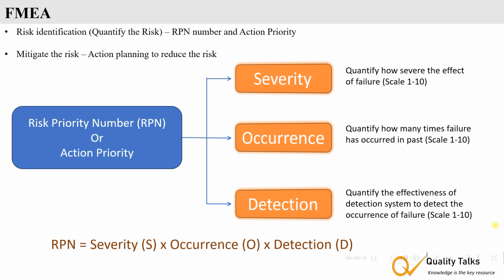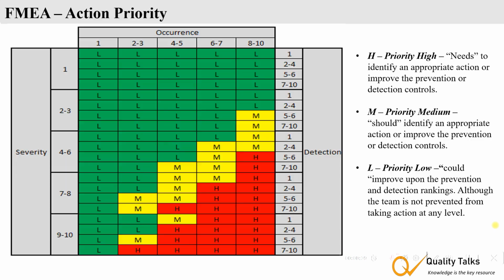In the case of RPN calculation, a threshold value of RPN is determined for identifying the action priorities. As per the new AIAG VDA FMEA manual, RPN is replaced by action priority. As per the new manual, prioritization is now based on a table provided in the manual.